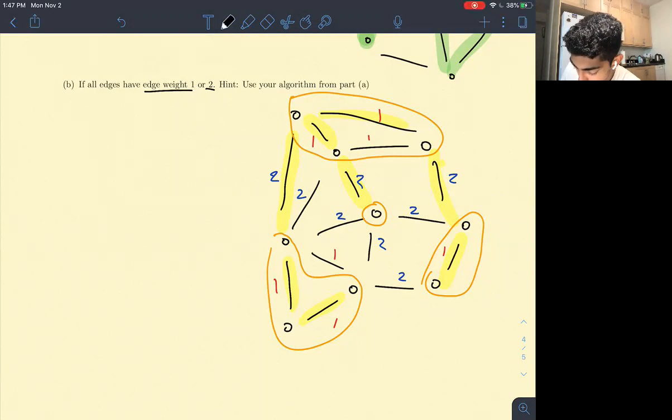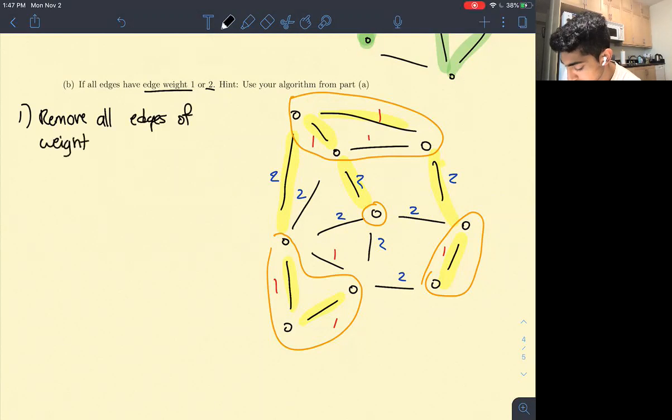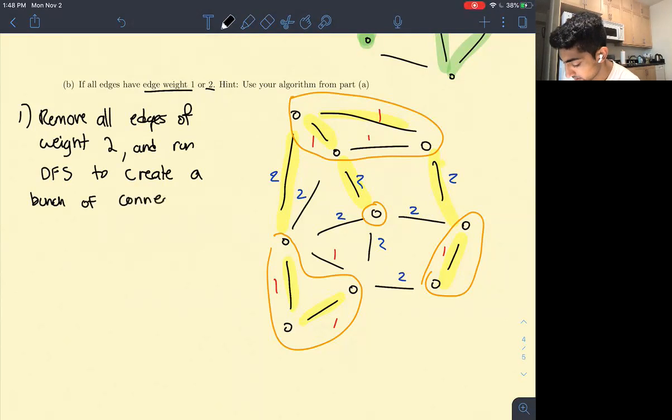So the first thing that I'm going to do is remove all edges of weight 2 and run DFS to create a bunch of connected components.